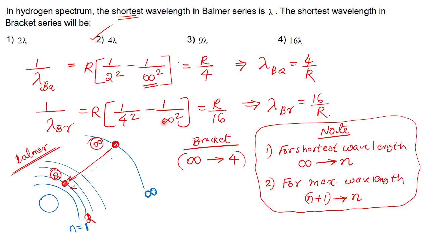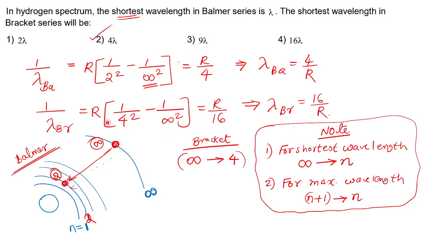The order of the subtraction is not important. If you get a negative number, just reject it. 1 by infinity is 0. So you will get R by 16.